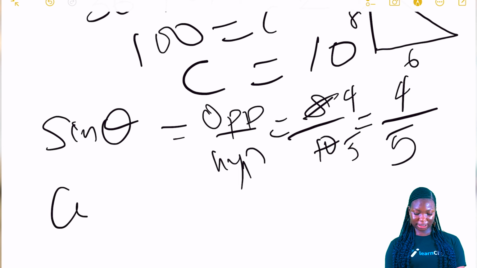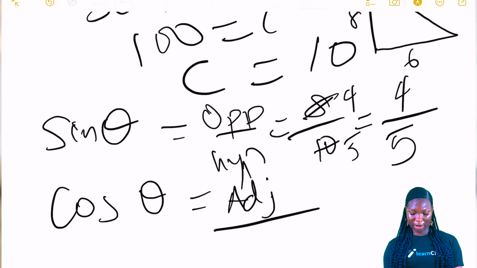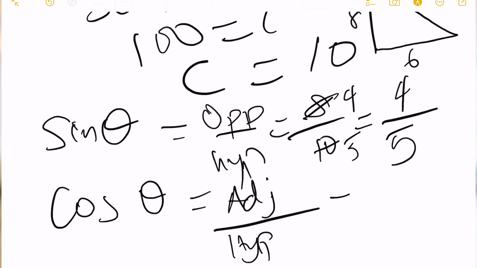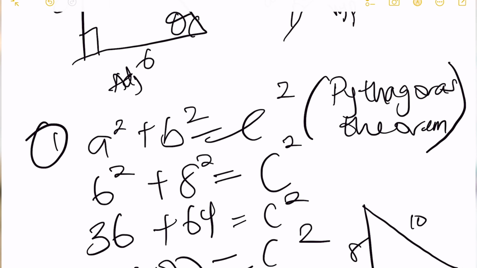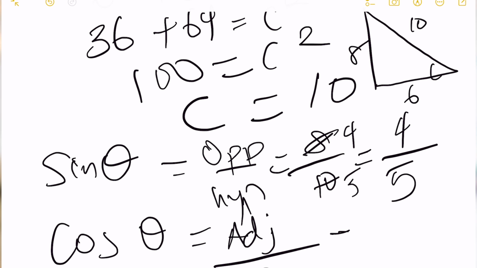We have cos theta, which is adjacent over hypotenuse. We have this to be 6/10, which is 3/5.